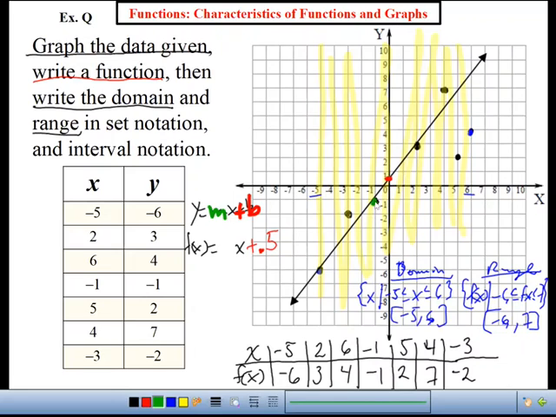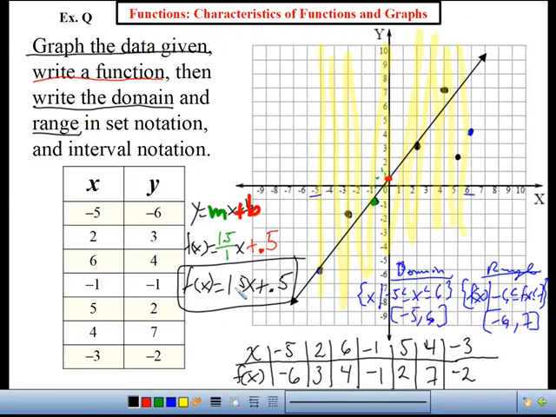So how many steps up? 1 and 1.5. So it's 1.5. How many to the right? 1. So this would be 1.5 over 1. So that means f of x equals 1.5x plus 0.5.